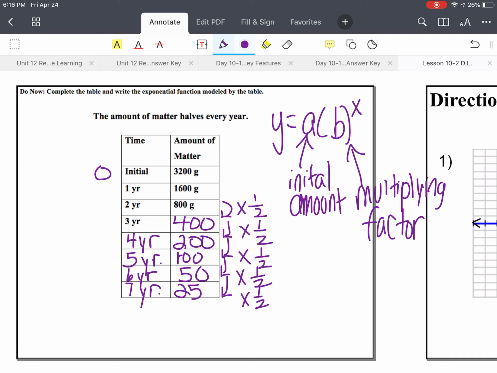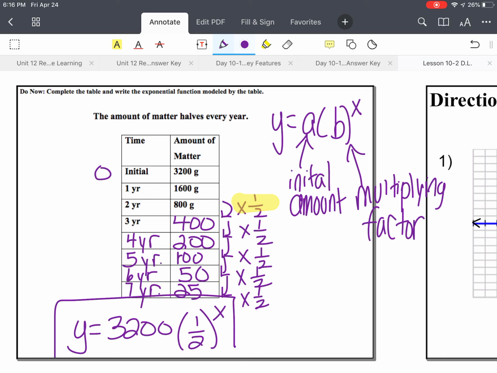Okay, so in this example here, what's my initial amount? My initial amount is 3,200, and then in the parentheses is what I am multiplying by. Well, what am I multiplying by? I'm multiplying by 1/2. And then it's always raised to the x.